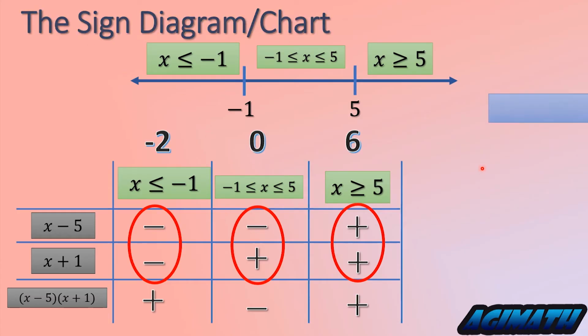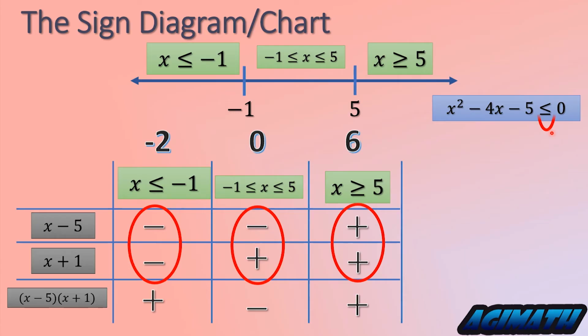So after accomplishing the sign chart, let us go back to our quadratic inequality. x squared minus 4x minus 5 is less than or equal to 0. The quadratic inequality should be in this form. It should be that on the right side it's 0, so that it's very easy for us to analyze.